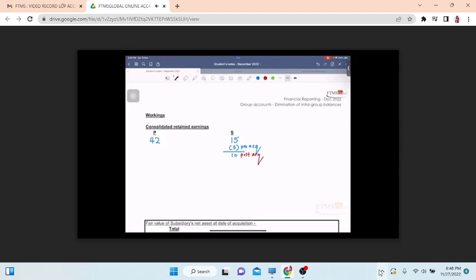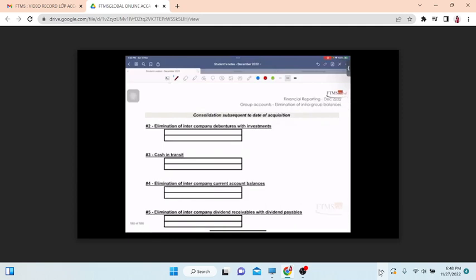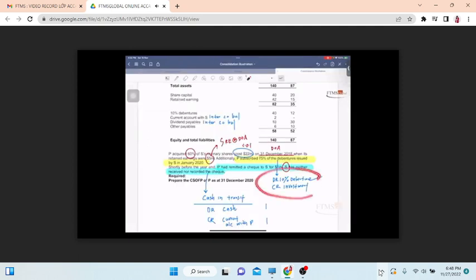Then of course, on the next page are all your intercompany balances, some of which are already written for you. The first one is the intercompany debenture with investment. This is the one I have written here: debit 10% debenture and credit investment.